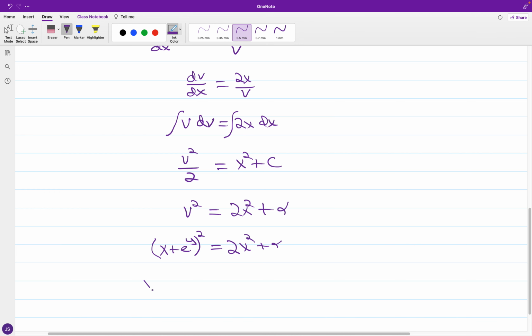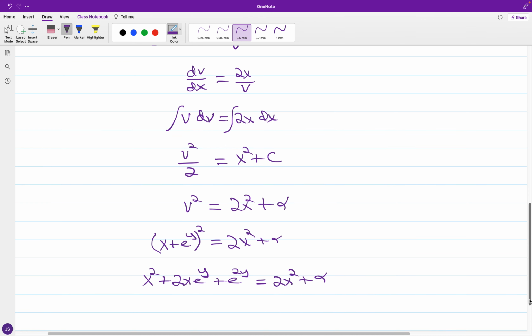Squaring, I'm going to have x squared plus 2x times e to the y plus e to the 2y is equal to 2x squared plus alpha.